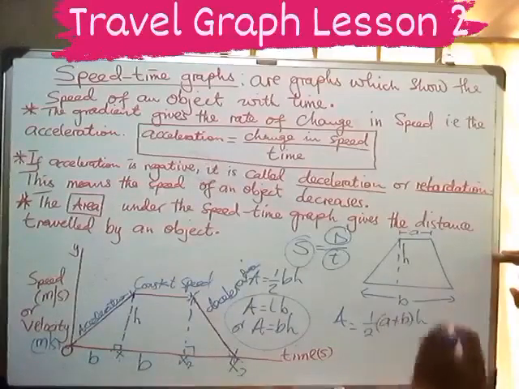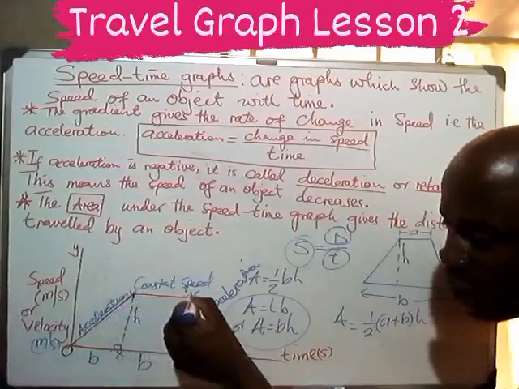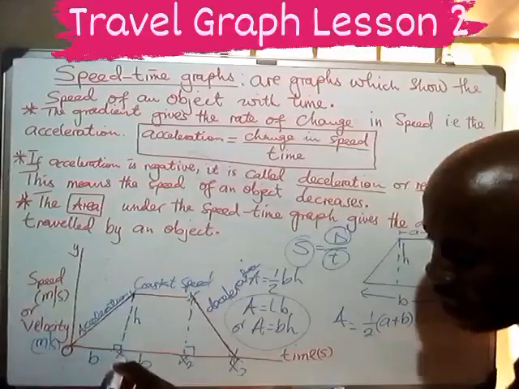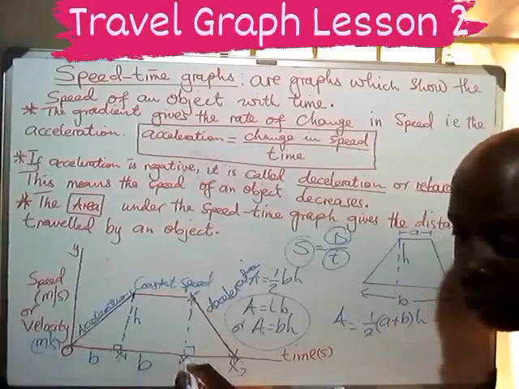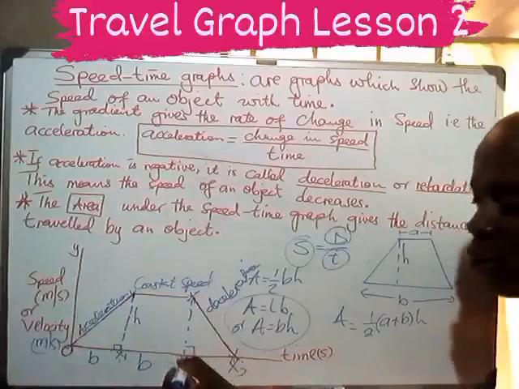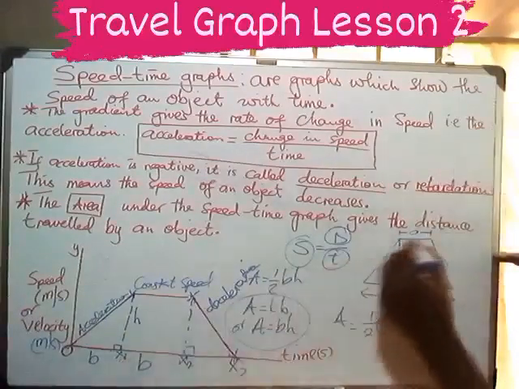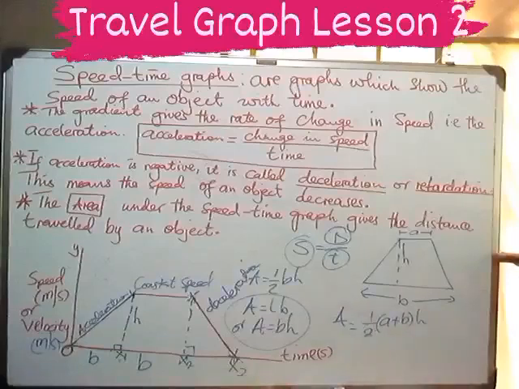Our A will be the length from x1 up to x2. Meaning if x2 is 20, I'm just giving an example, and this one is 5, it will be 20 minus 5, which will be 15. Meaning your A will be 15.